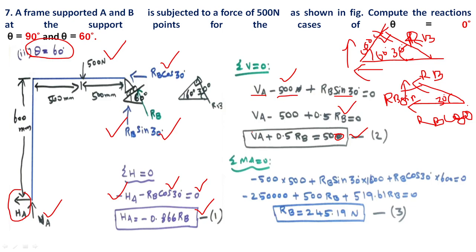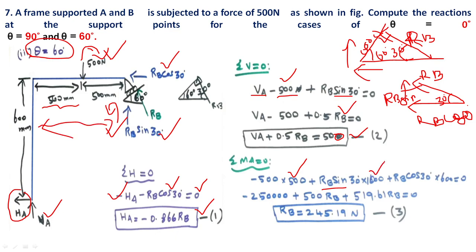Then next, take the moment. In all cases we take the sum of horizontal, sum of vertical, and moment about point A. Clockwise is negative, anti-clockwise is positive. So minus 500 into 500, the perpendicular distance, is clockwise. Next, RB sin 30 is anti-clockwise, with perpendicular distance 1000.